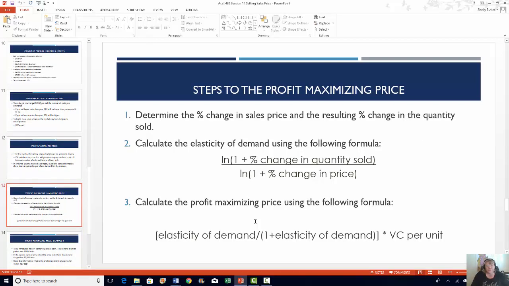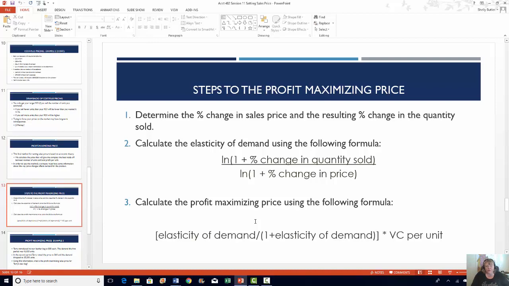So, the steps to profit maximizing price: first, you must determine the percent change in sales price and the resulting percent change in the quantity sold. The second step is to calculate the elasticity of demand using the following formula: logarithm of 1 plus the percent change in quantity sold divided by logarithm of 1 plus the percent change in the price.